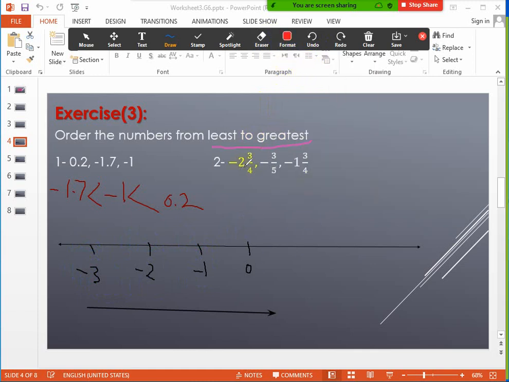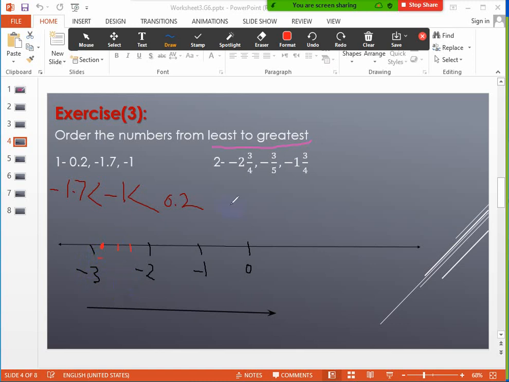Now, what about negative 2 and 3 over 4? If I want to locate this number, I have to choose the distance between negative 2 and negative 3. If you divide this distance into 4 equal parts, the point will be 3 over 4, that means 3 parts after negative 2. Okay, Farah, now focus because I will use the same strategy in this exercise.